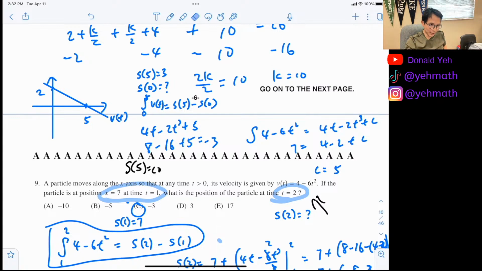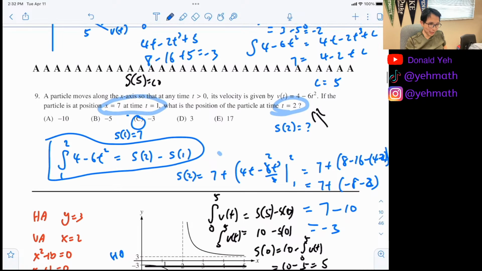To find s of 0, I move it to the right-hand side: s of 0 equals s of 5 minus the integral from 0 to 5 of v of t. The integral from 0 to 5 is just the area under the curve, which is probably 5. So s of 5 is 3, minus 5, which equals -2. That will be another way to ask it on the MCQ. It doesn't require a calculator, but they want to make it seem like it does.